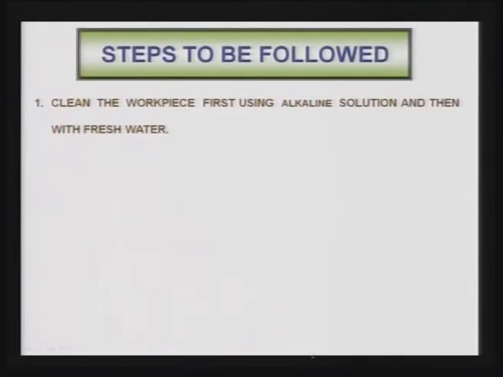Steps to be followed: clean the workpiece first using alkaline solution and then with fresh water, so that whatever dust or other things are there on the workpiece, they are separated out so that the agent can directly react with the workpiece material.